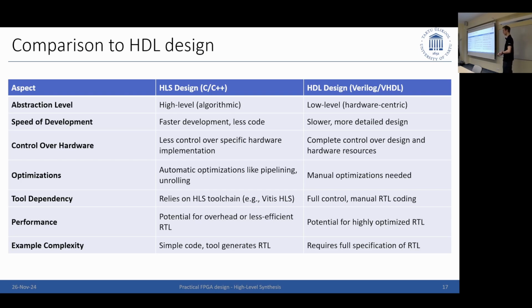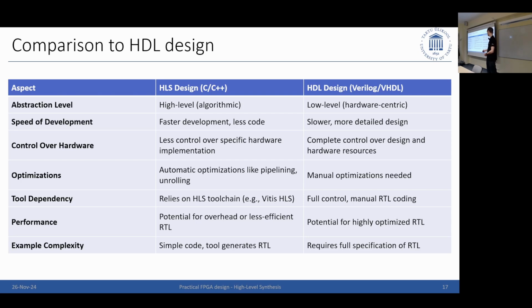Anyone who wants to write high-performant code in Python says, oh, Python is performant, but if you think about it, NumPy, TensorFlow, and PyTorch, or any of these tools, they translate in the back end to a lower level than normal Python does. And here you always translate to VHDL and then down. So it's essentially the same problem, that you will have some overhead which you maybe do not want. And then potential for overhead or less efficient RTL.